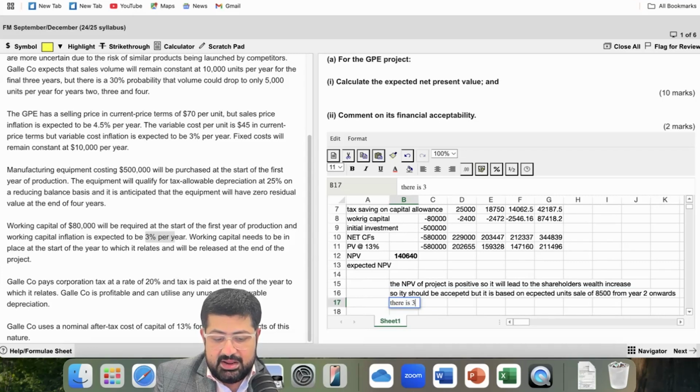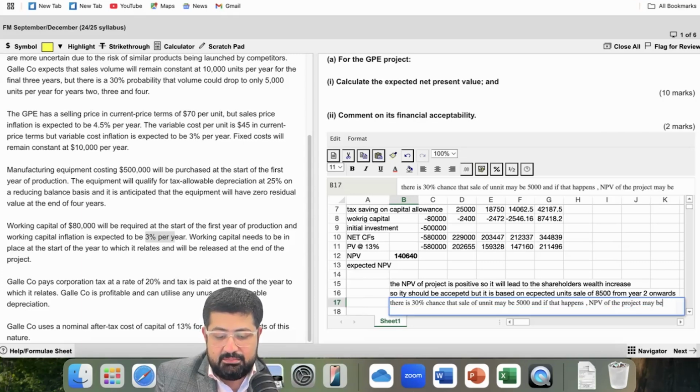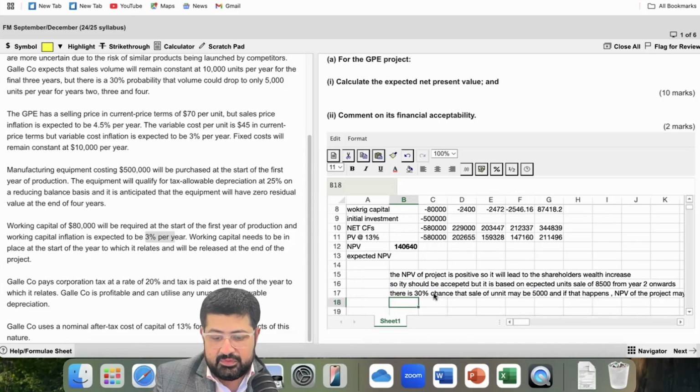There is a 30% chance that sale of units may be 5,000, and if that happens, the NPV of the project may become negative, making the project not viable.